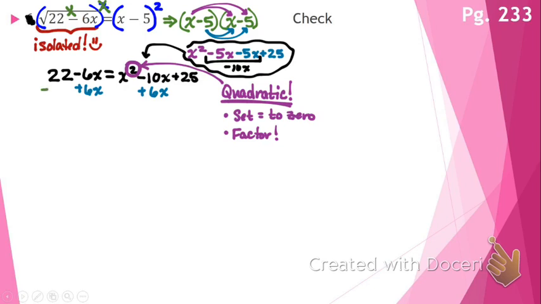We got to subtract 22 from both sides also. So 22 minus 22, that will cancel. Negative 6x plus 6x will cancel. Can anybody tell me why I put the 6x right here and I put the minus 22 right here? Yes, I lined up my like terms so that I can combine them easier.